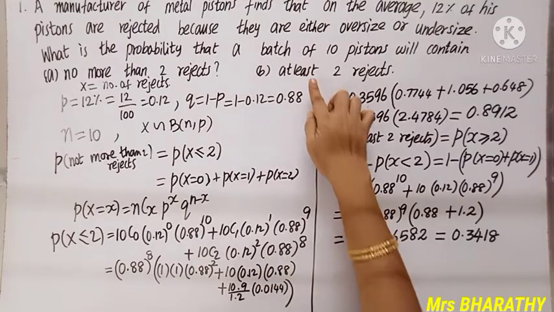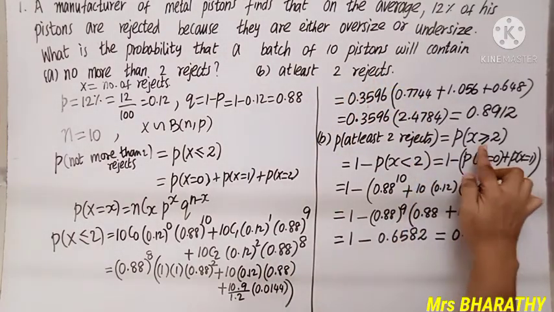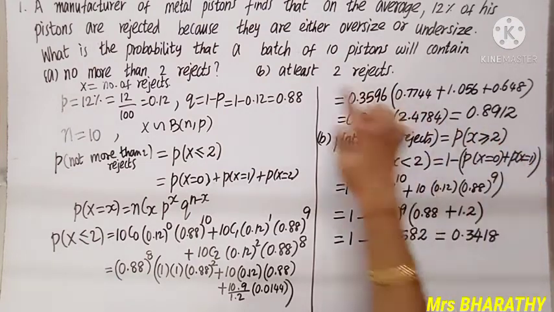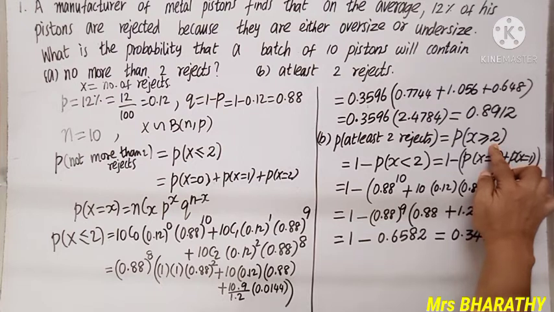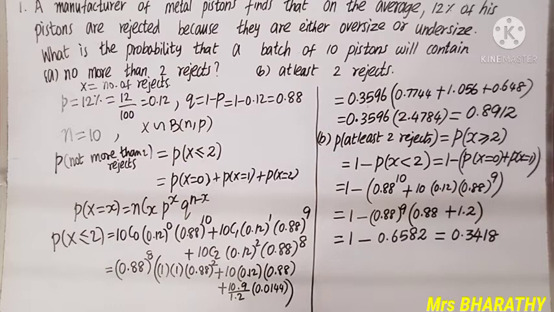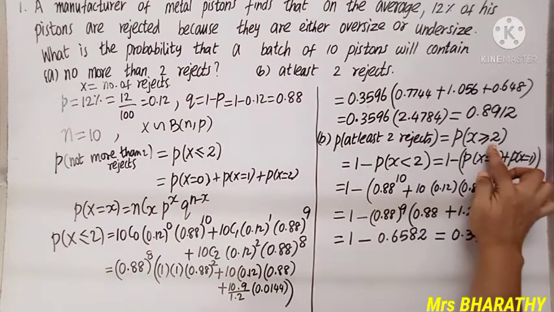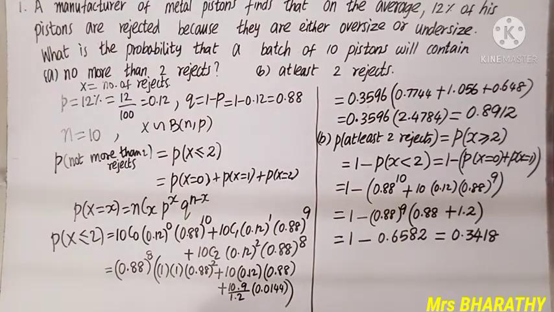Second part, at least 2 rejects. X greater than or equal to 2. At least 2 tells us greater than or equal to 2. That is 1 minus probability of x less than 2. Greater than or equal to 2 tells me 2 to 10 I want to calculate, which is difficult.